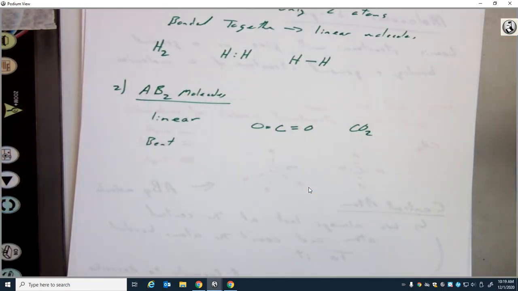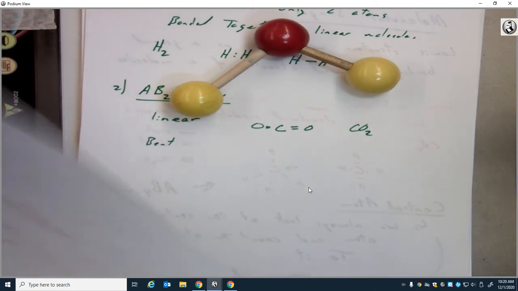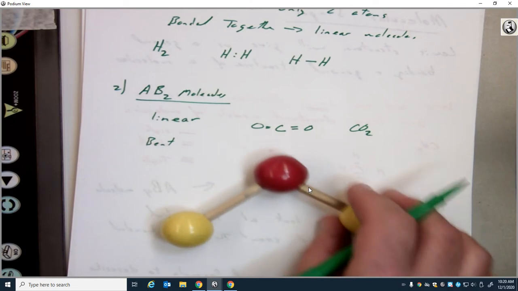Now the most famous bent molecule, ooh, and I don't have it built. Here it is. So this is also an AB2.